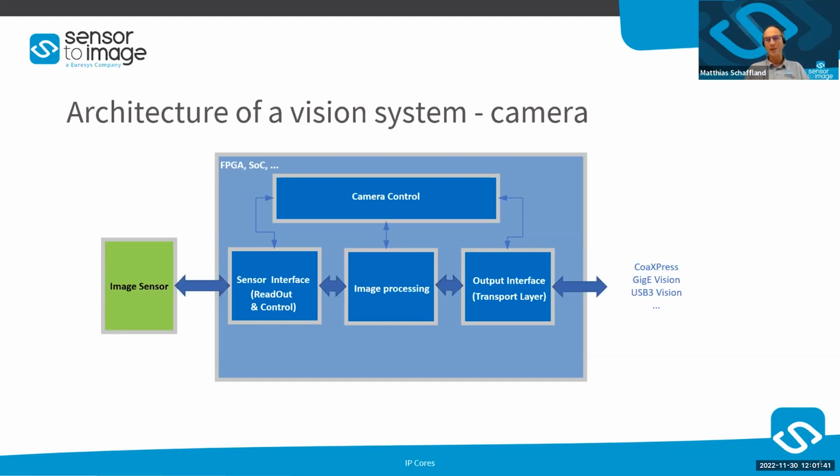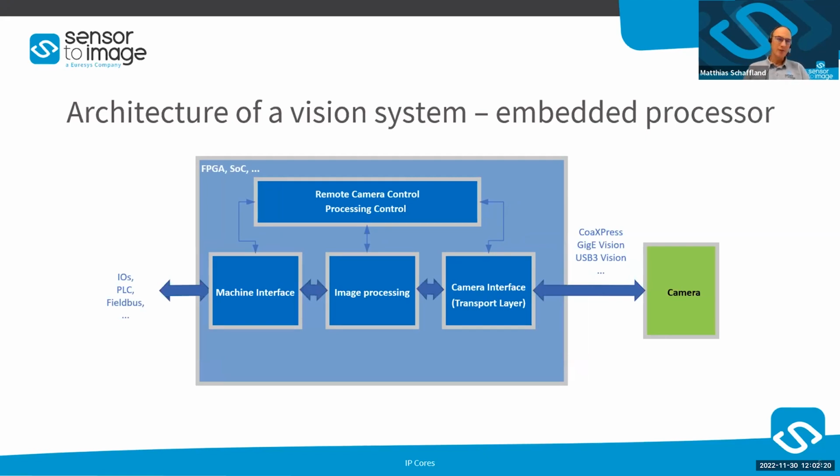At the end, you need a way to output that image, or at least the results, to the next step of your processing machine. That could be CoaXPress, GigE Vision, USB3 Vision, but it could be other protocols or interfaces as well. Typically, we have a kind of camera control within that block, which orchestrates these processing blocks to get the correct results and provides an external interface as well.